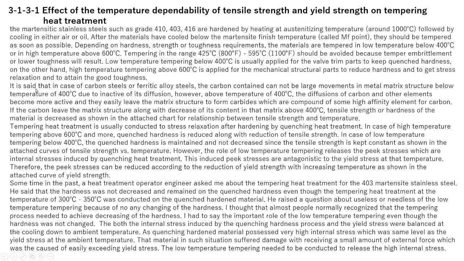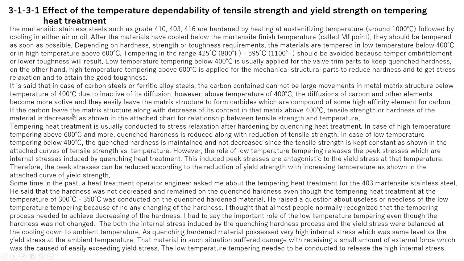It is said that in carbon steels or ferritic alloy steels, the carbon contained cannot move much in the metal matrix structure below a temperature of 400 degrees Celsius due to the inactivity of its diffusion. However, above 400 degrees Celsius, the diffusion of carbon and other elements becomes more active and they easily leave the matrix structure to form carbides, which are compounds with elements of high affinity for carbon.